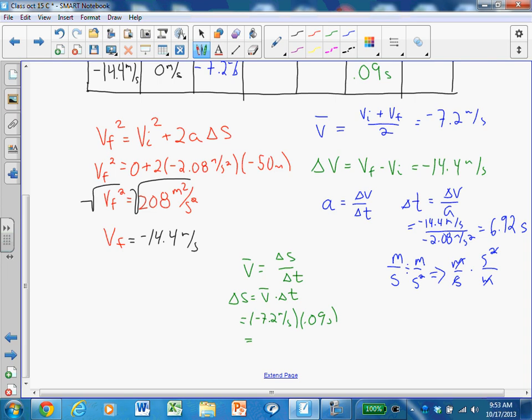That's minus 0.65 meters. So that's how much the skier indents the hay bales, right?